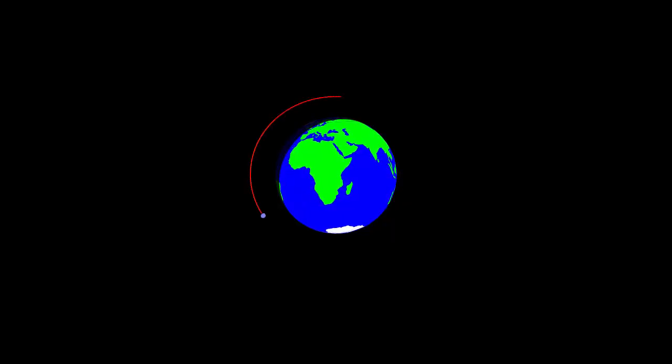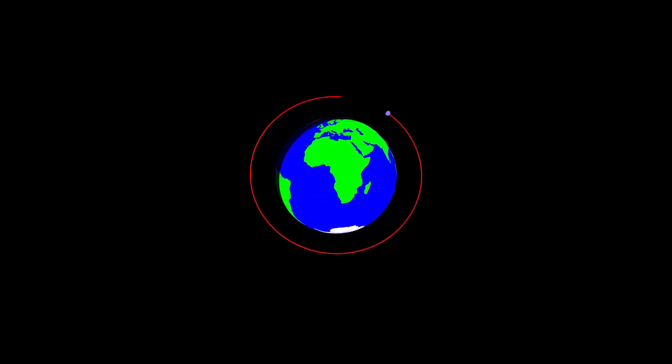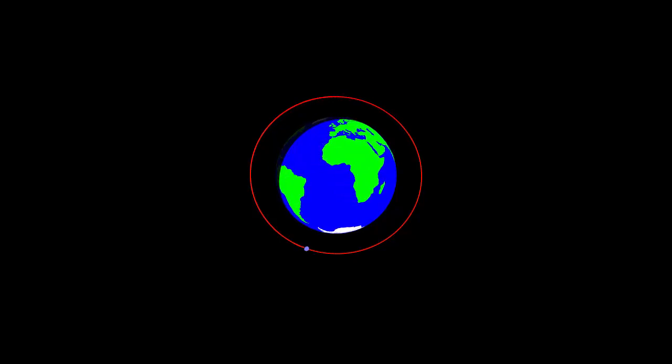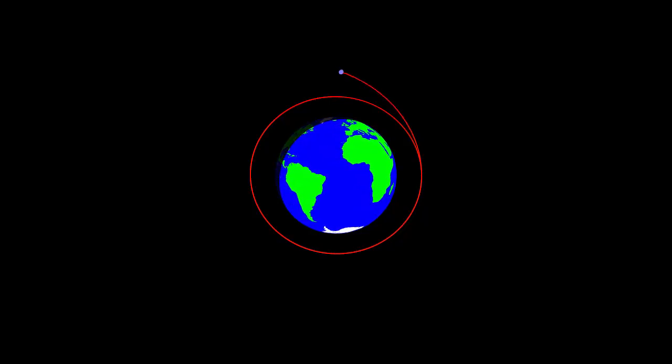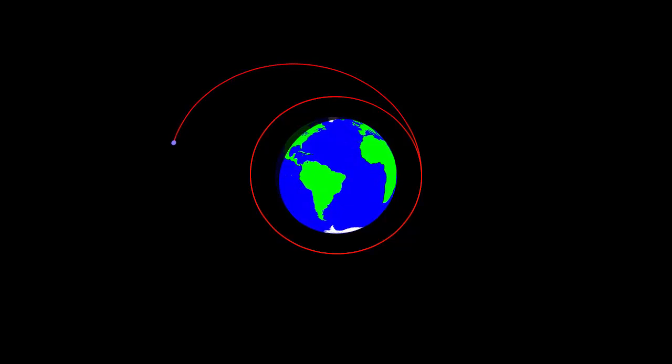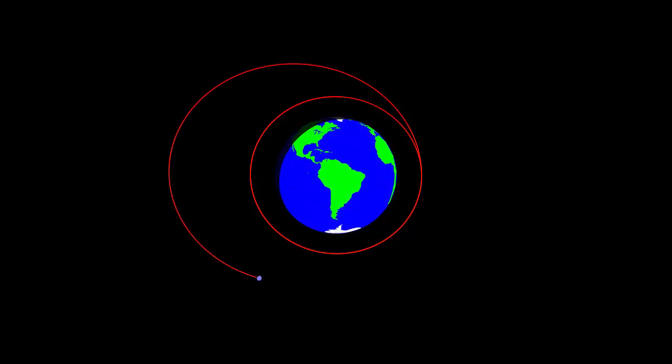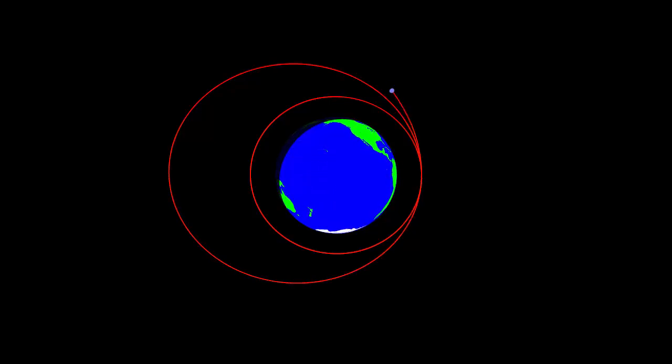Now the formula that we derived for orbital speed is the speed for a perfectly circular orbit. What would happen if we went faster than this? Our satellite would travel farther from the Earth, and our orbit would become elliptical. Faster still, and the orbit becomes even more elliptical.